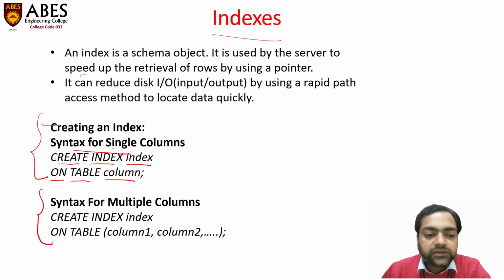This will be the syntax to create an index based on a single column. And for an index on multiple columns, in the same fashion: create index index name on table, and after that you can provide multiple columns.